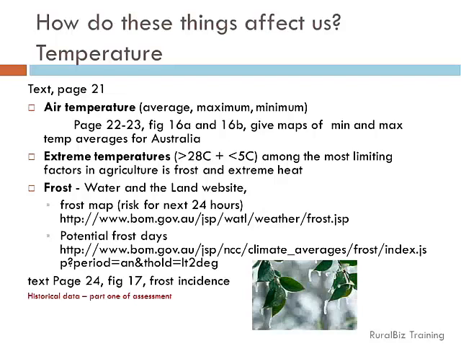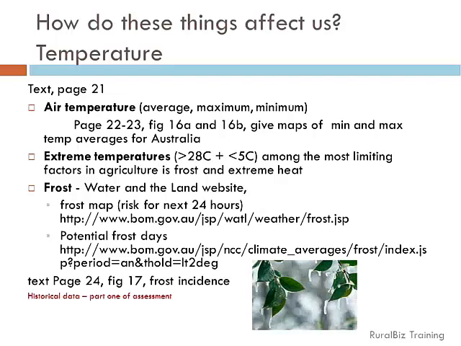Continuing with temperature. When you're measuring air temperature, we've all heard of the maximum and minimum temperatures, but the average temperature can be just as important when we're trying to decide what particular crop or what particular livestock would suit our region.